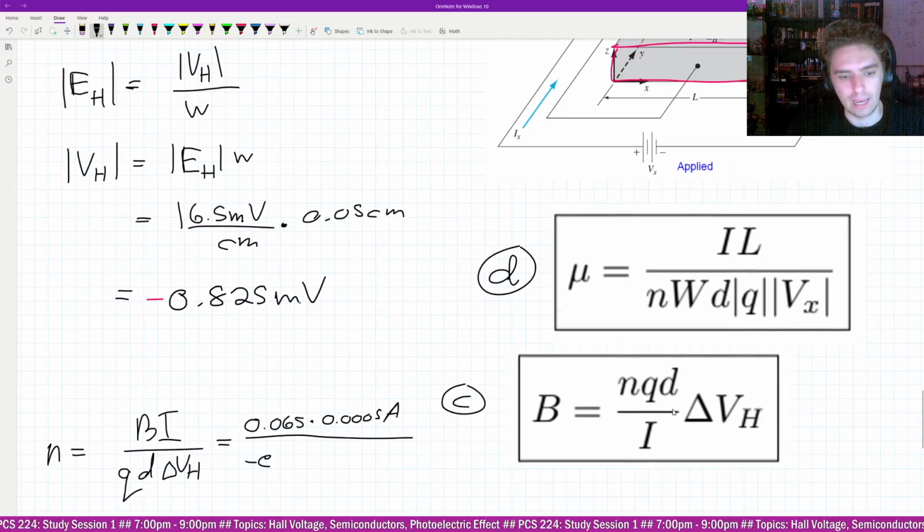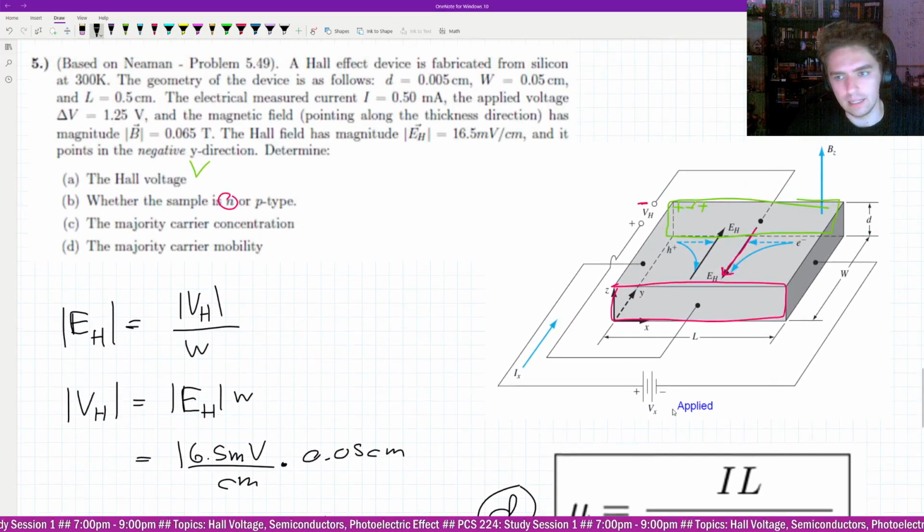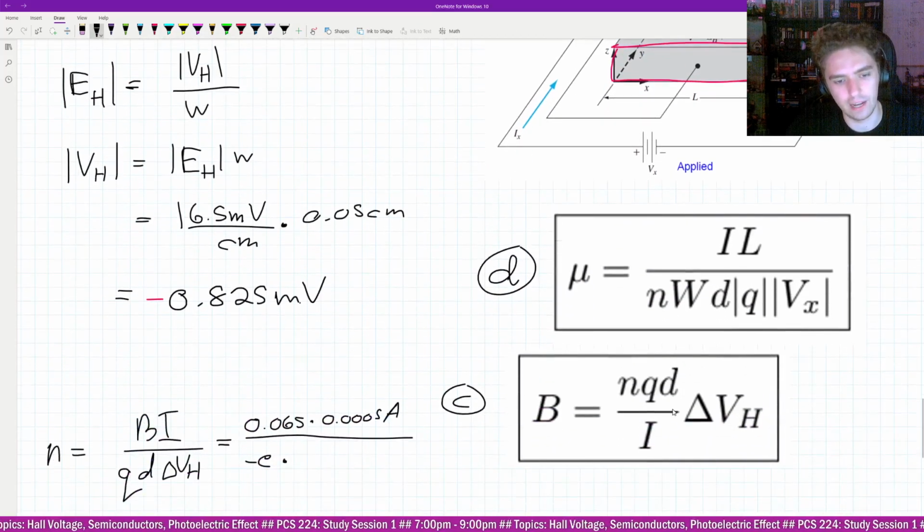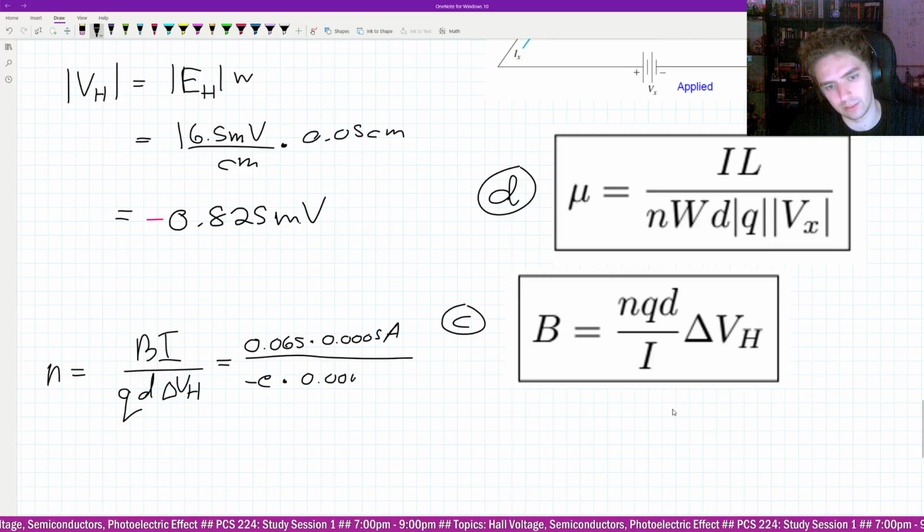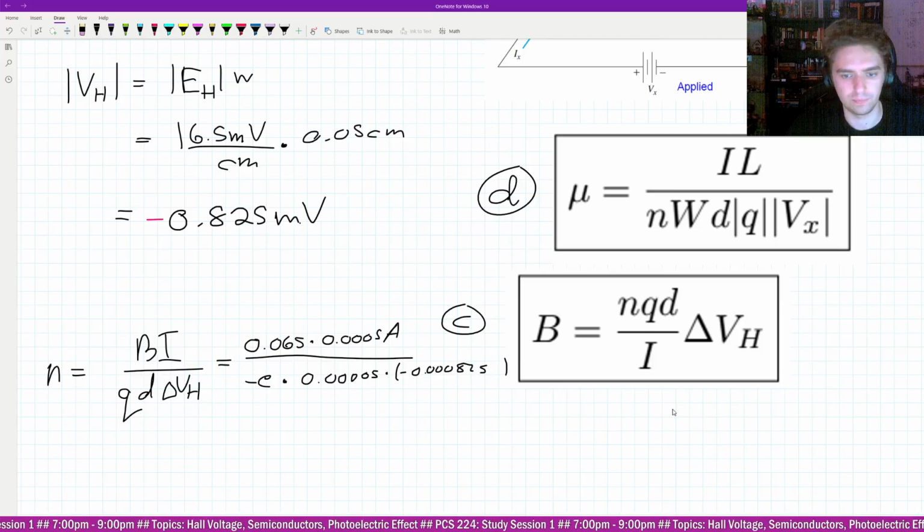And then d is this distance like that, 0.005 centimeters, so that's going to be 0.00005 meters, times delta V Hall, which is negative 0.000825 volts.